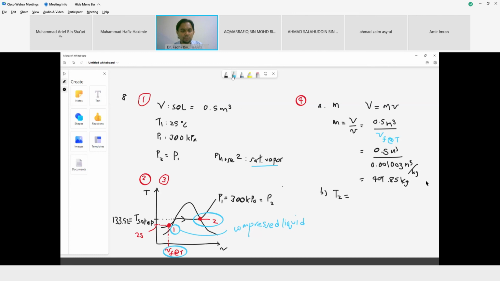So kalau kamu lihat TV diagram, nilainya adalah 133.52 temperature ni. 133.2 degree Celsius. This value.